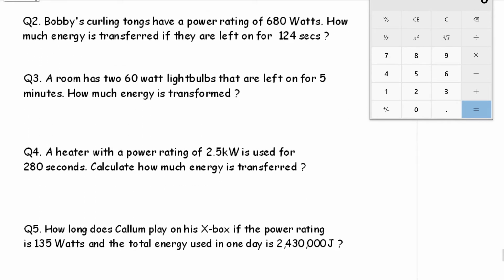Bobby's curling tongs have a power rating of 680 watts. How much energy is transferred if they are left on for 124 seconds? So you go back to the equation. Get into good habits.